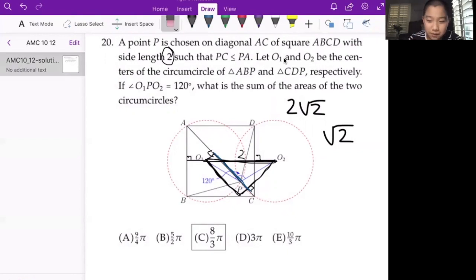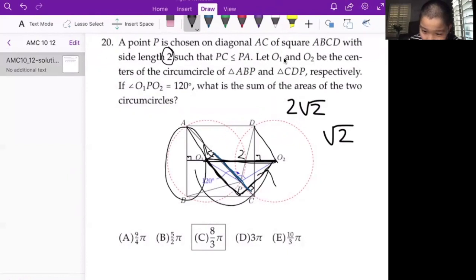So you'll actually find that this thing is a parallelogram, to be more rigorous. The intuition here is that if you can transform this triangle into this triangle by a translation, then that would mean that AO1 is equal to DO2.